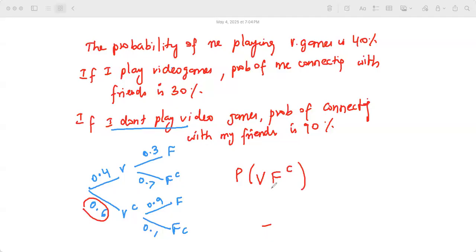Both should happen, so both have to happen, right? Probability of V, and then probability of me not connecting with my friends after I played video games. It's 0.4 times 0.7. Does it make sense?